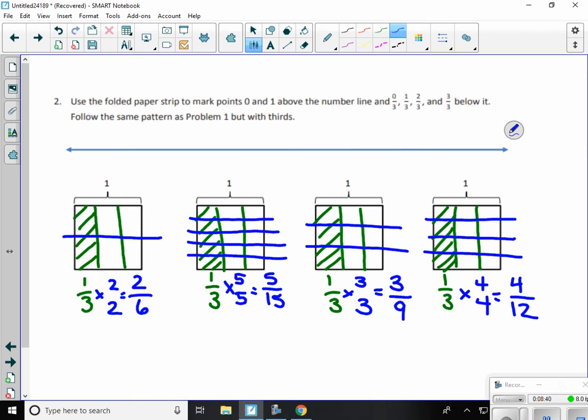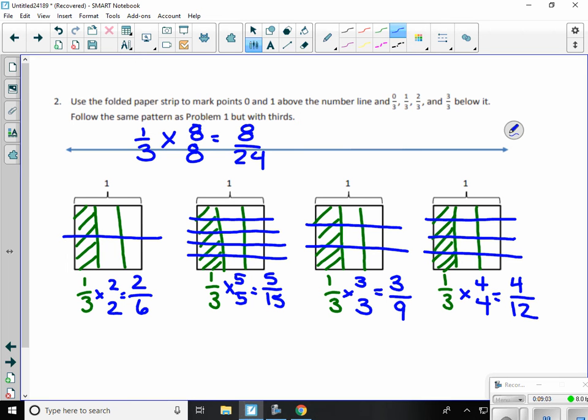I know there were some super mega problems that I saw Logan do. He took it and ran with it. He did 1/3 equals 8/24. Is he wrong?